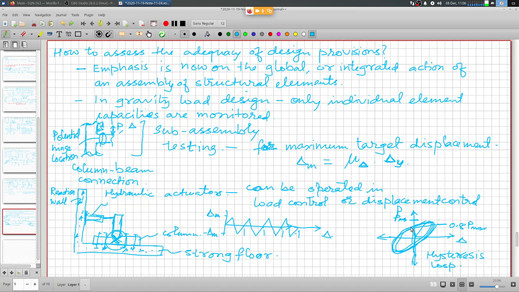That is a good indication of the design objectives being met, and that is how those recommendations find their way into the design codes.